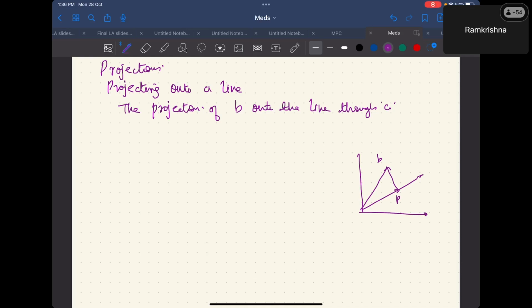So this P is x hat times A, which was equal to A transpose B by A transpose A times A.